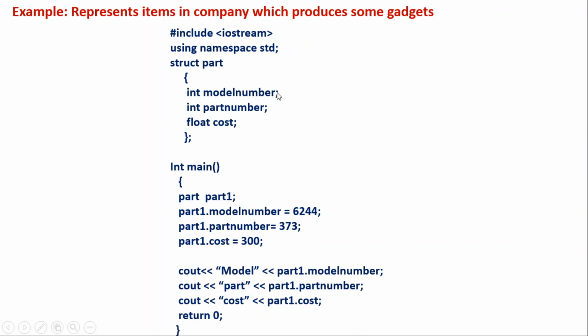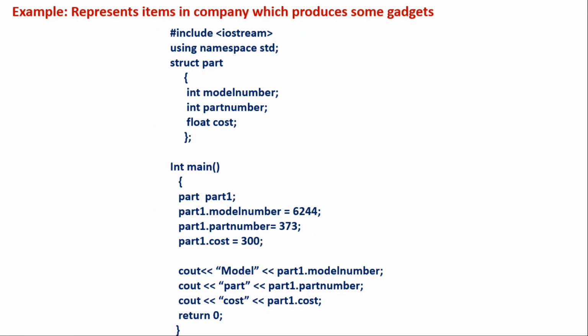The space for these three members, which we have defined in the structure definition, will be reserved during this definition time. When I write part, the name of the structure, and then the variable under the structure, the space for the members under this structure will be reserved. I hope you understood.